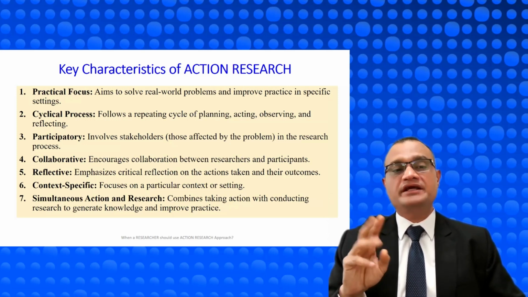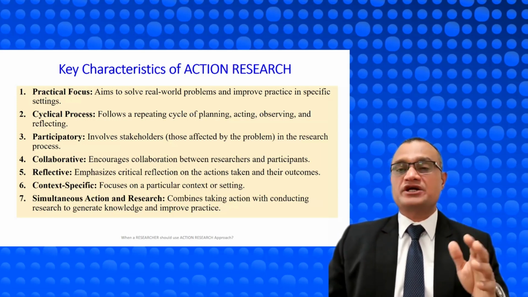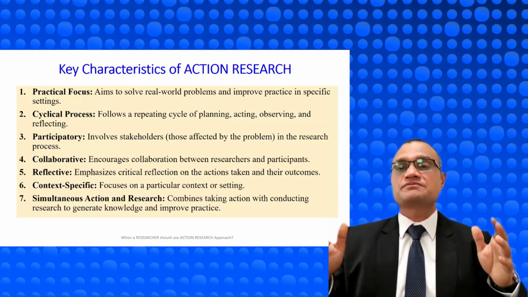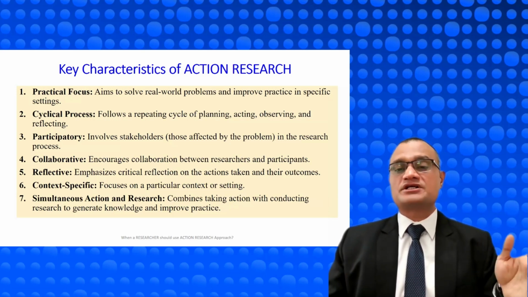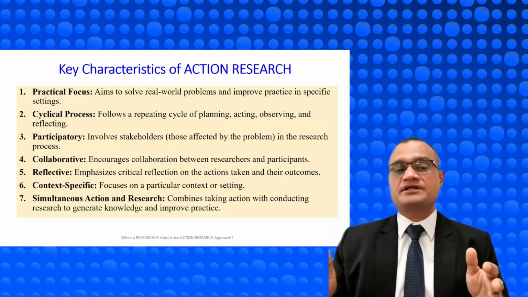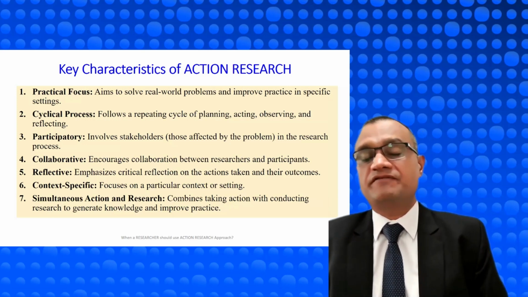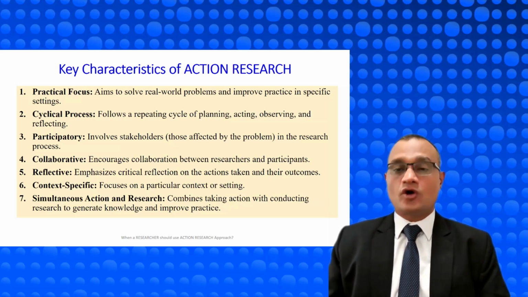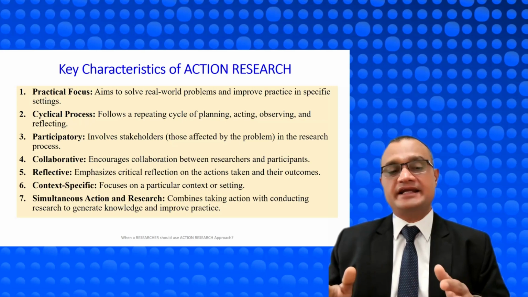And number three, it is participatory, expecting the involvement of stakeholders, those affected by the problems, in the research process. It is collaborative in nature, encouraging collaboration between researchers and participants. It is reflective, emphasizing critical reflection on the actions taken and their outcomes. It is context specific, focusing on a particular context or setting.